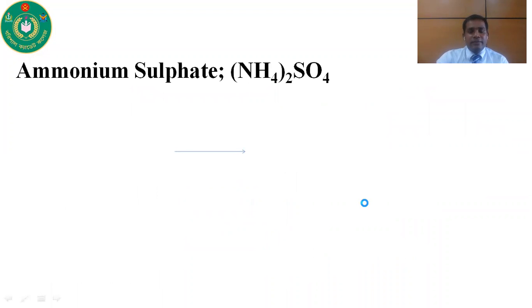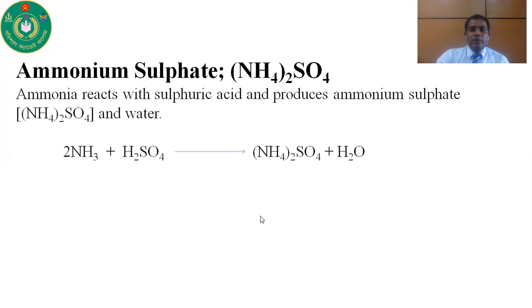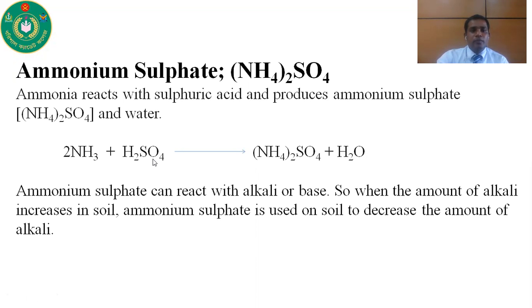Now, ammonium sulfate. When ammonia reacts with sulfuric acid, we get ammonium sulfate. In this ammonium sulfate, you can see that the main elements are nitrogen and sulfur. So by using ammonium sulfate, plants absorb nitrogen as well as sulfur from the fertilizer. Ammonium sulfate can react with alkali or base.